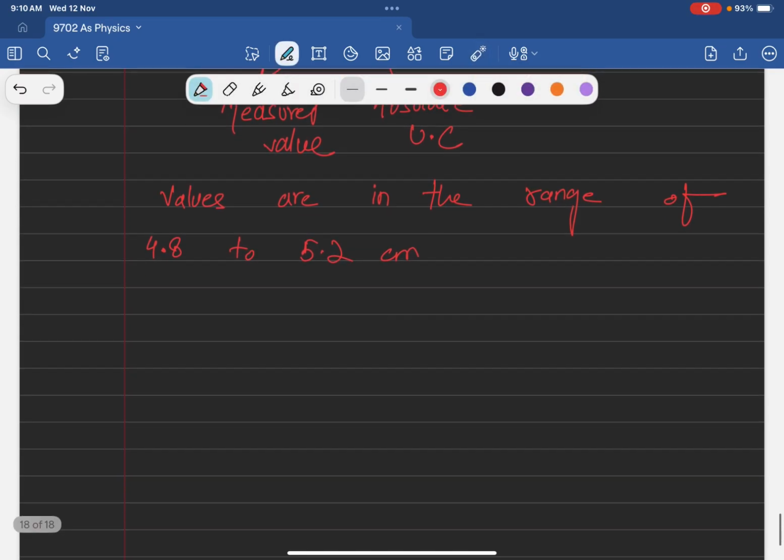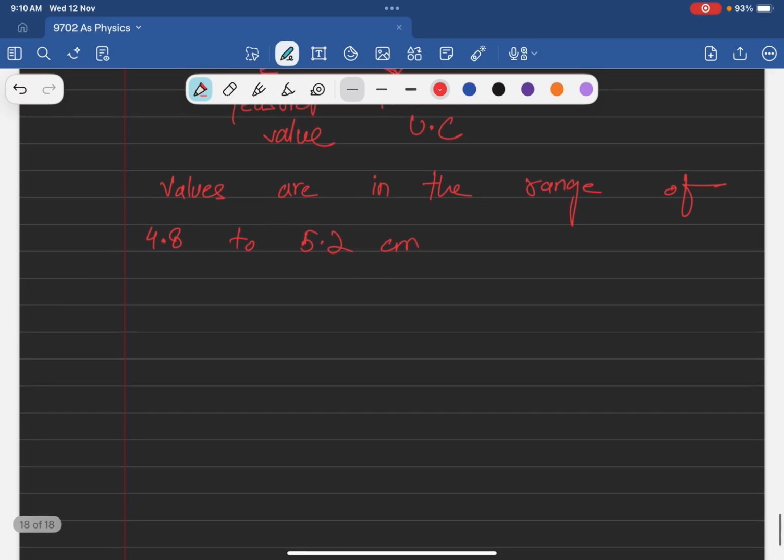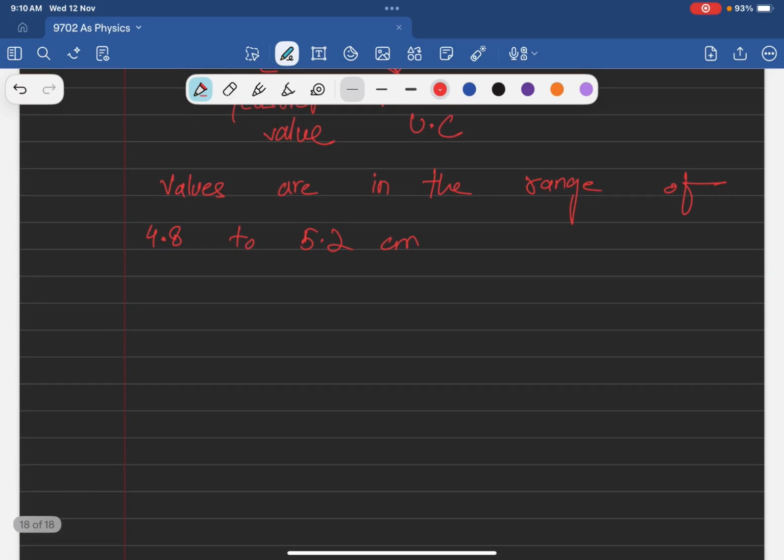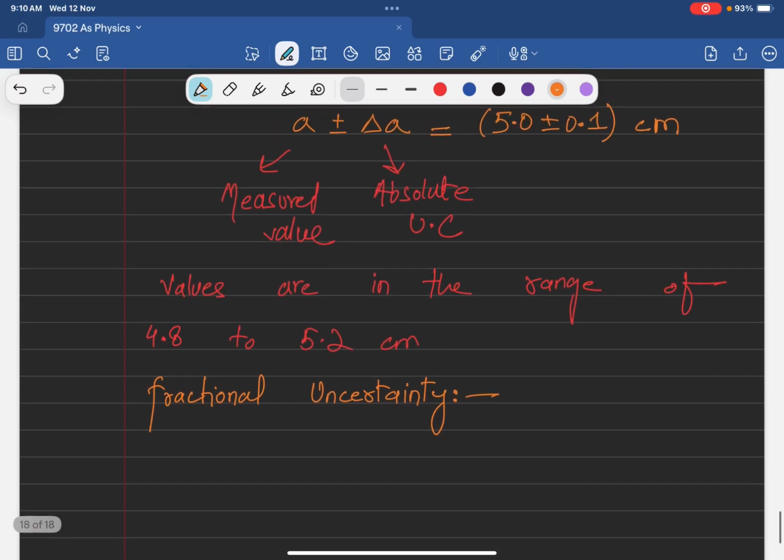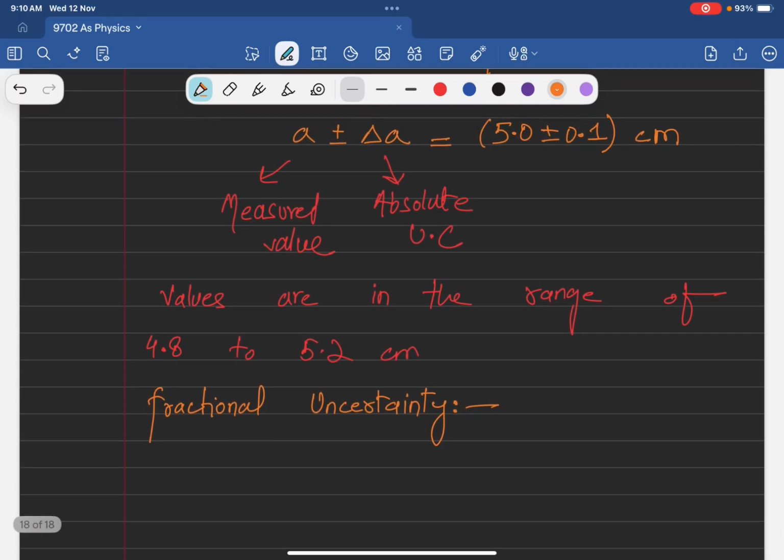Now, this is the absolute one that we have discussed. Now, what is fractional uncertainty? Fractional uncertainty means how big or how small my magnitude of error is in terms of the measured quantity. I will repeat it.